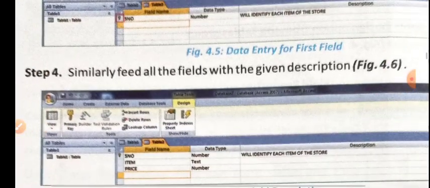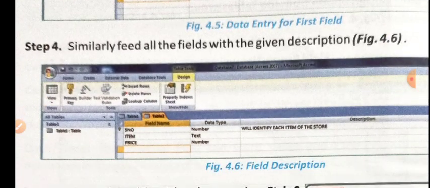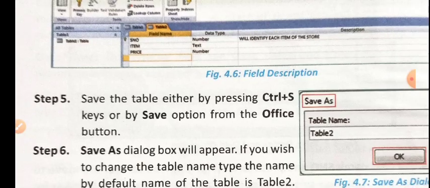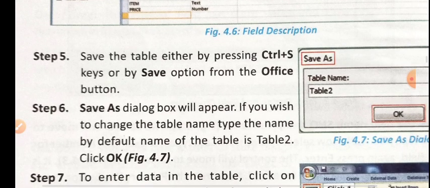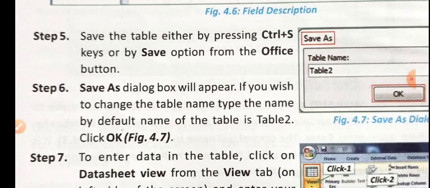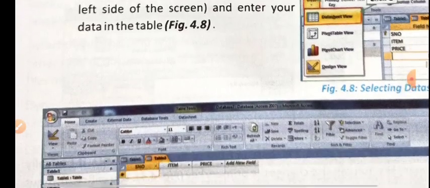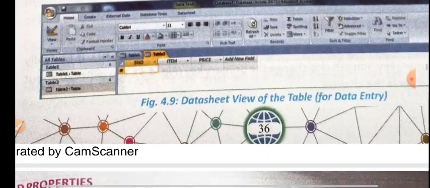So this is how you can create the table in the design view, and after that you will have to save it. You have to click on the save as option, or from the keyboard you can press Ctrl plus S, or you can also press Ctrl plus W in order to save the table.